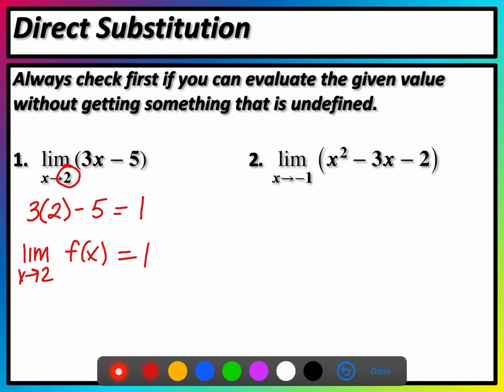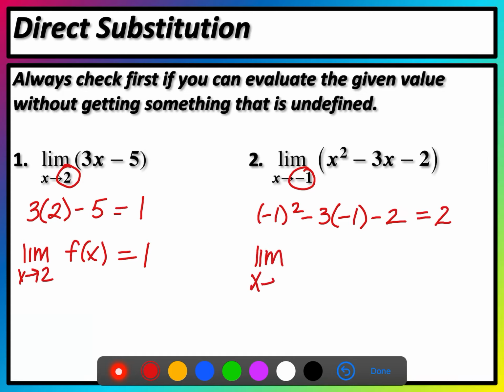Okay, we're going to do the same thing on example 2. So now we are approaching -1. Okay, we can plug that in, and we're going to evaluate this equals 2. Concrete number, no problems.